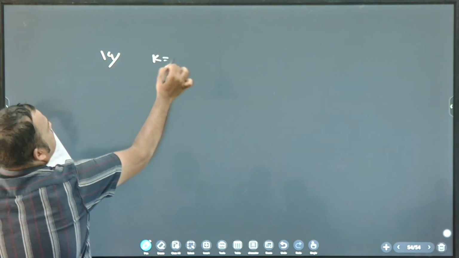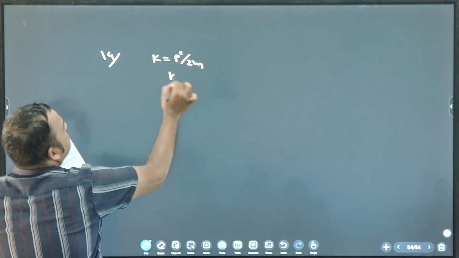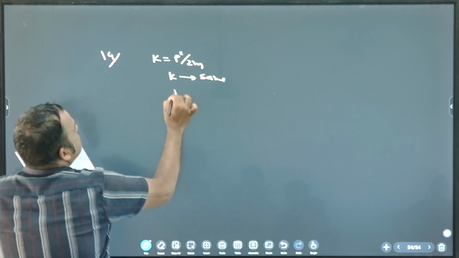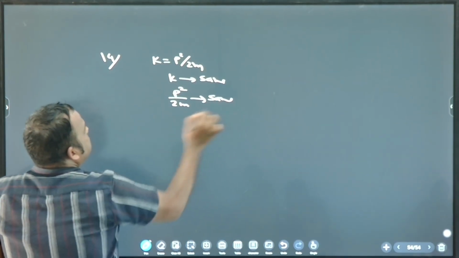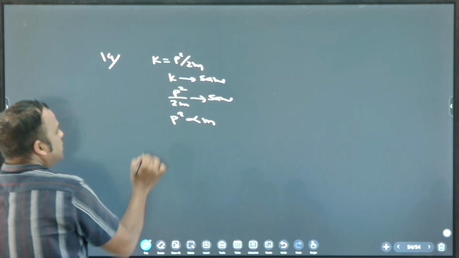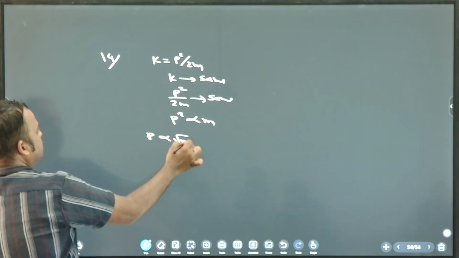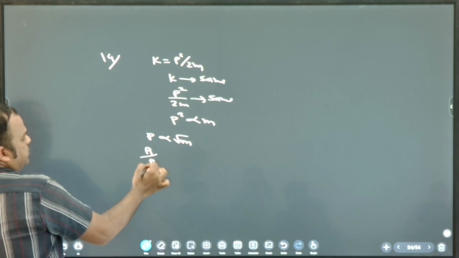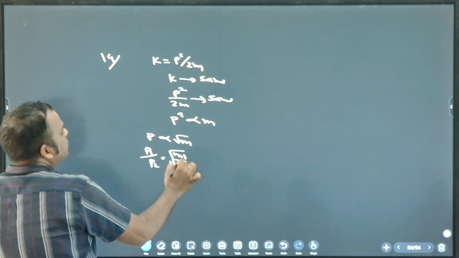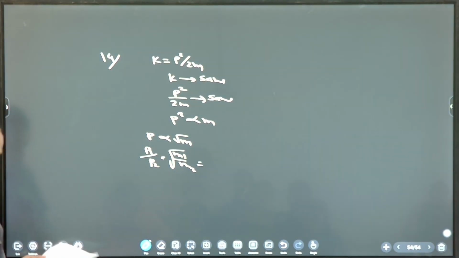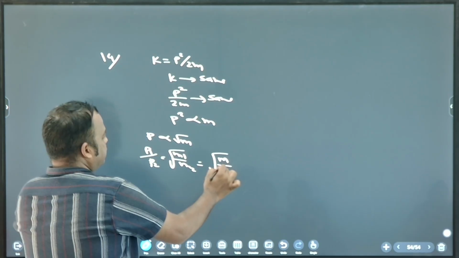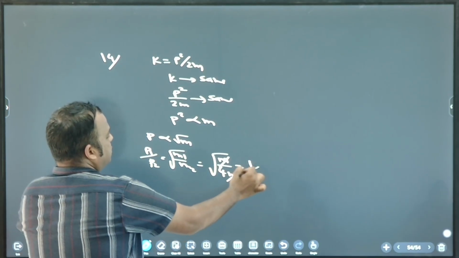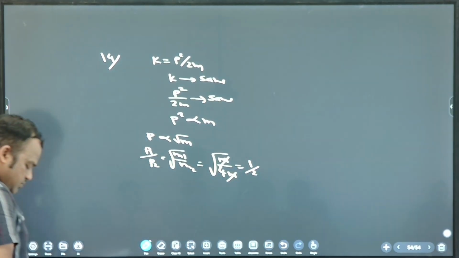See K is equal to p square by 2m, K is same, so p square by 2m is same, so p square is directly proportional to m, so p is directly proportional to root m. So what is p1 by p2? Square root m1 by m2. Now m1 is m, m2 is 4m, so 1 by root 4, so 1 by 2.